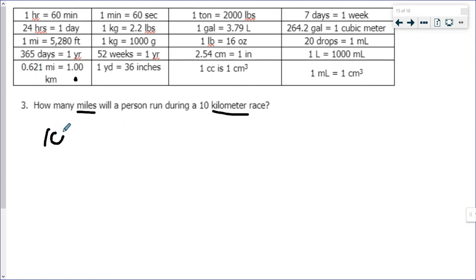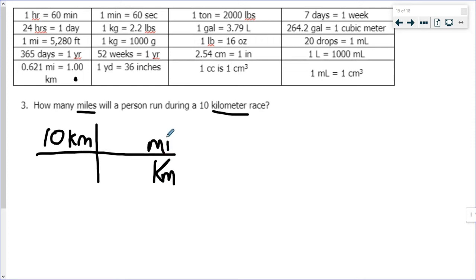We have a 10-kilometer race. I want to get rid of kilometers. So kilometers are going to go on the opposite side. And I'm going to put in my kilometers. And then I'm going to put in my miles up here. And then I'm going to go back in and fill in my numbers.